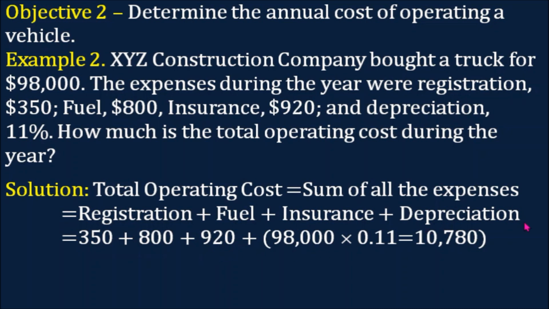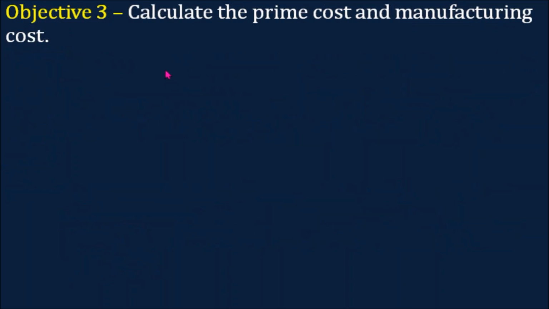And for the depreciation, that's 98,000, the cost of the car, times 11% or times 0.11, and that is equal to 10,780. So the next step is we will just add up these four amounts, and that is equal to $12,850.